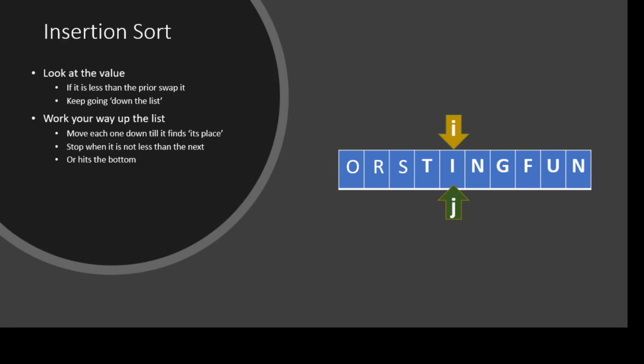Now, at some point, we start hitting values that are lower, and it becomes a little bit more intense because now I is less than T, and so J moves down. Oh, I is less than S, so then they swap those, and J moves down. I is less than R, swap those, and J moves down. And then, I is less than O, so we end up swapping that one. So this sequence, once I get down to the bottom, I stop, but I also can shortcut it if things are already in sorted order.